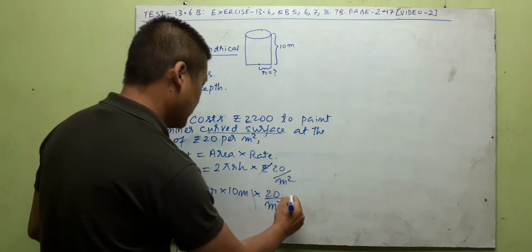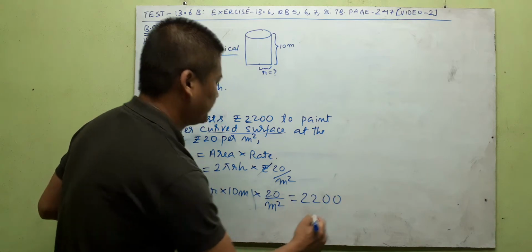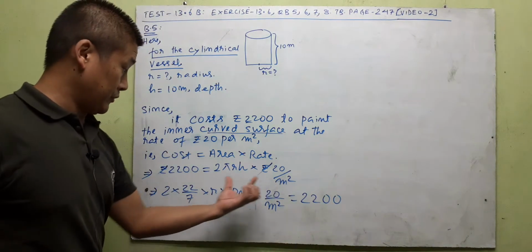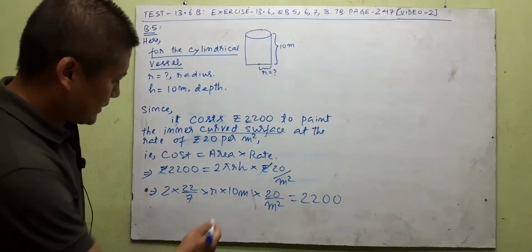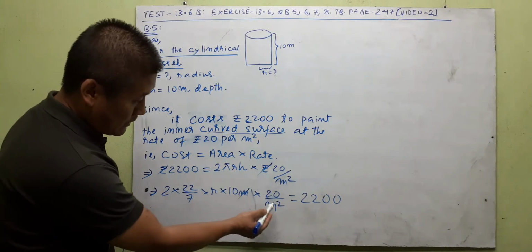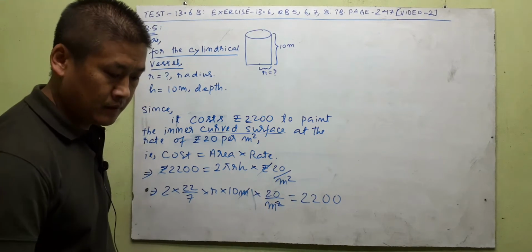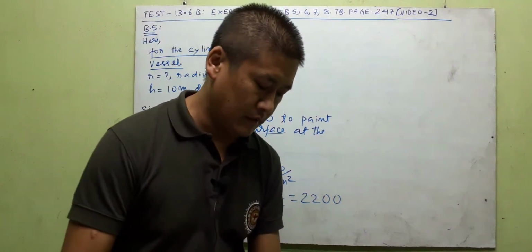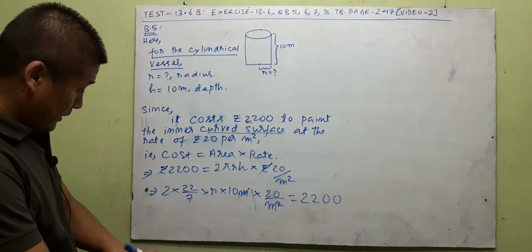This portion done is equal to this one, 2200. So basically we have shifted this one to the left and this one to the right. It's the same meaning, right? Now we can see here meter to the power 1 cancels this one. 2 minus 1 power is 2, so we can cancel that. And once we are done with that, we can see that nothing else will cancel.